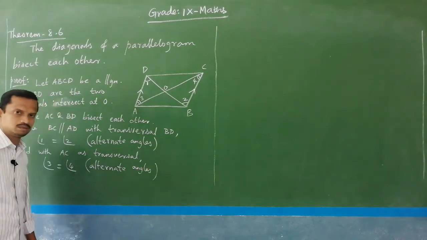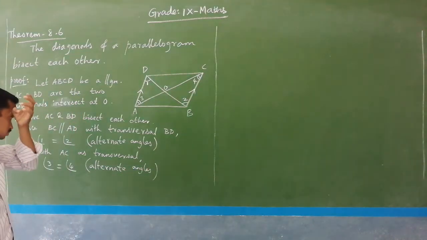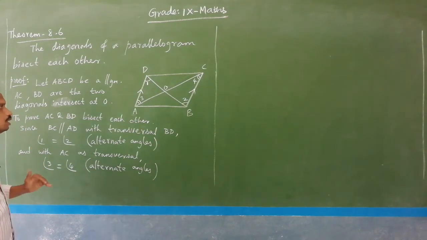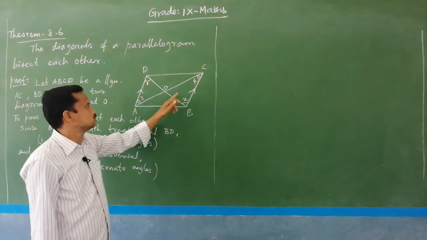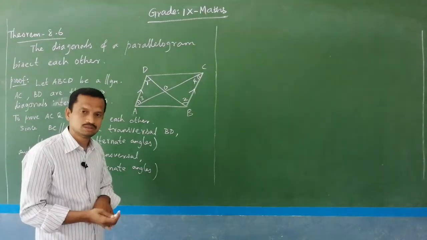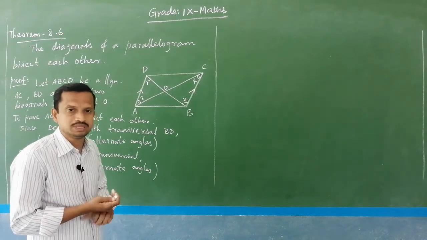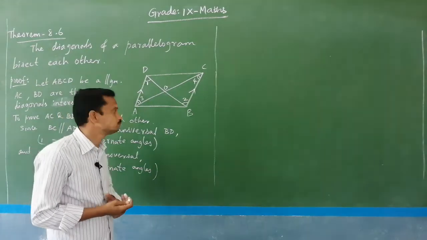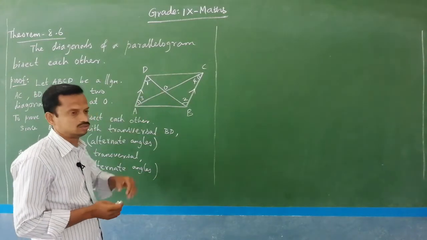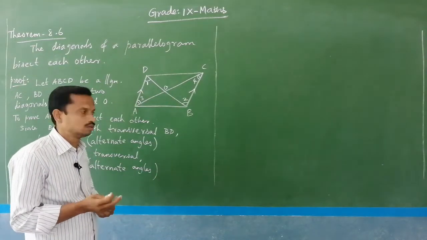Okay. It's the lines and angles concept. And now, after finding this, we are going to prove these two triangles are congruent. You know why? After proving congruence, by CPCT, corresponding parts of congruent triangles, we can have the other corresponding parts as equal.